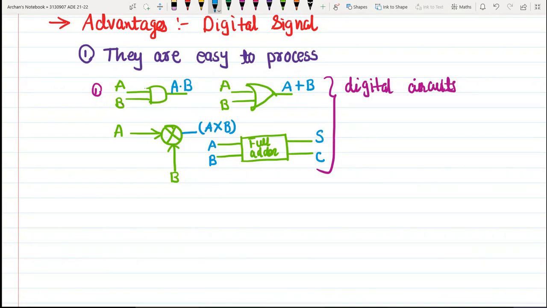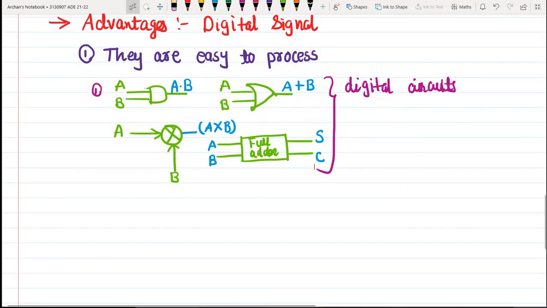Now see, I have two inputs, input A and input B. If I want to add these two inputs, I will simply use one logic gate, the OR gate, and it will give us the output A plus B. Similarly, if I want to multiply the two inputs A and B, I will use this AND gate, which will give us the output A dot B. Similarly, if I want to add these two bits A and B, this sum point will give us the summation of the two input signals.